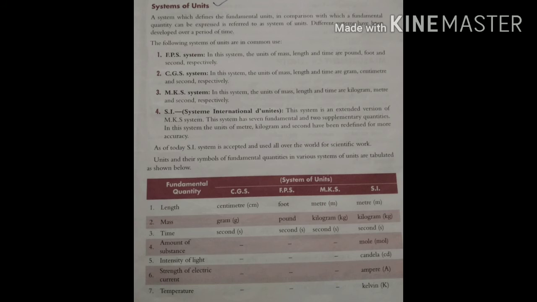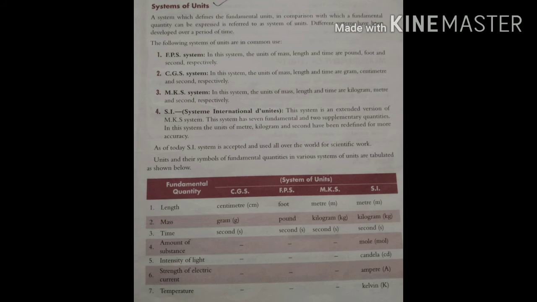CGS system, that is centimeter gram second: centimeter for length, gram for weight, and second for time. Again the MKS system: meter for length, kilogram for mass, and second for time. And the last one is the SI system, which is followed internationally all over the world, and the SI unit for different quantities is different and fixed.